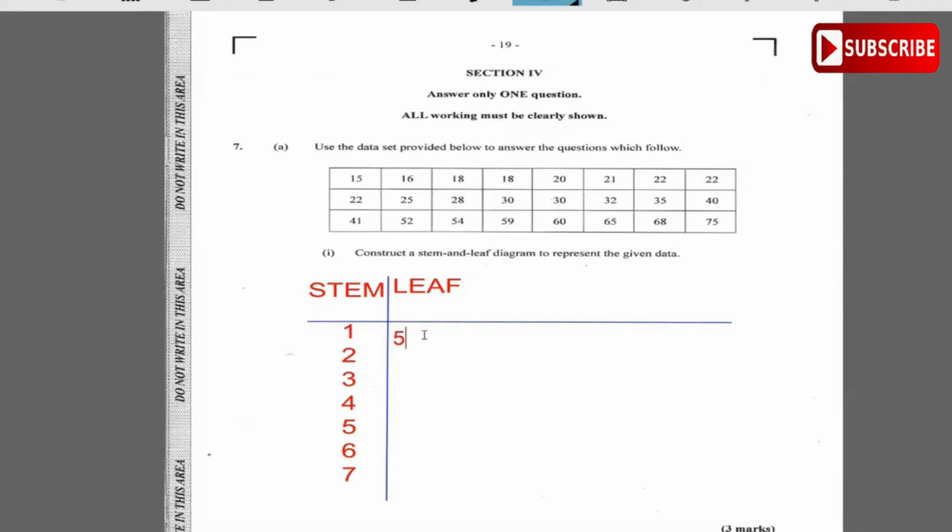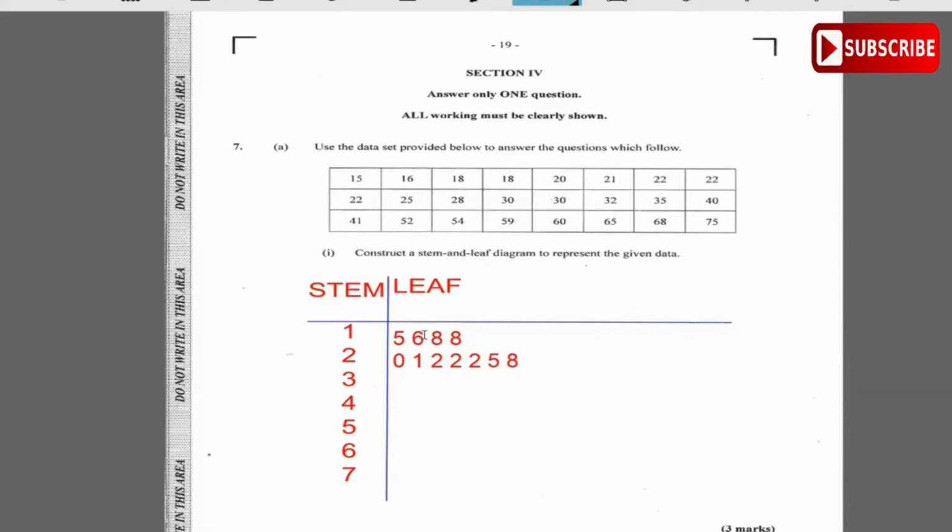You have 15, 16, 18, 18. Then with twos, you have 20, 21, 22, 22, 22, 25, 28. We don't even know what this data represents, but we just plot it in the stem and leaf.